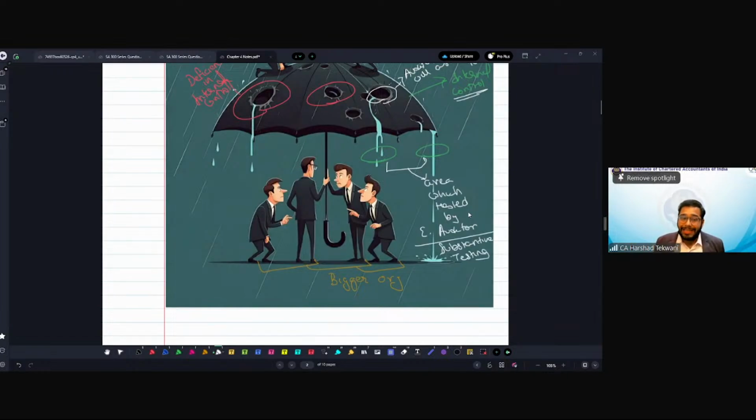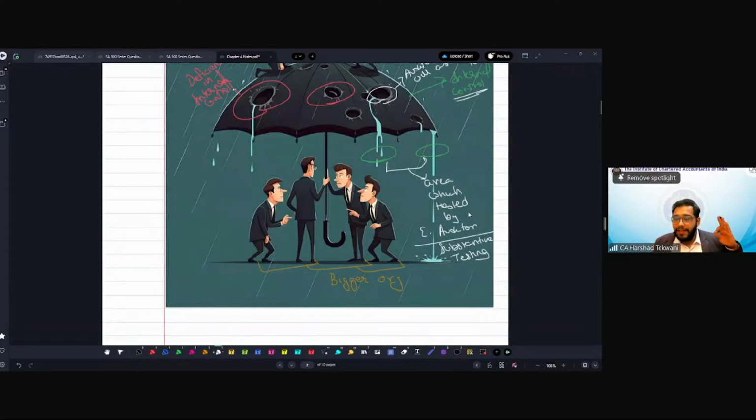It is not necessary that the water which is flowing from the holes of the umbrella is dripping on the person exactly, like making the person wet. It can fall on the side. That is perfectly fine. It means although there is a deficiency in the internal control, it is not impacting the financial statement, or no one is exploiting that deficiency as of now.